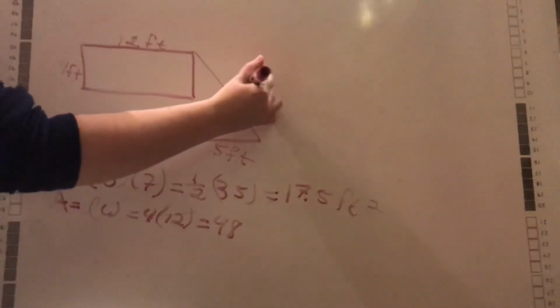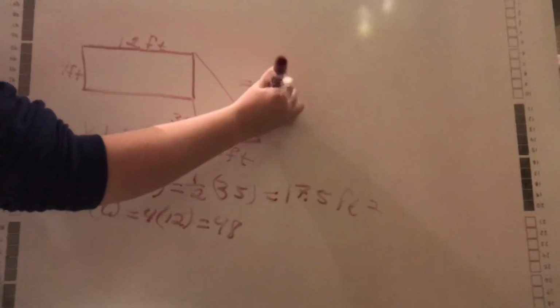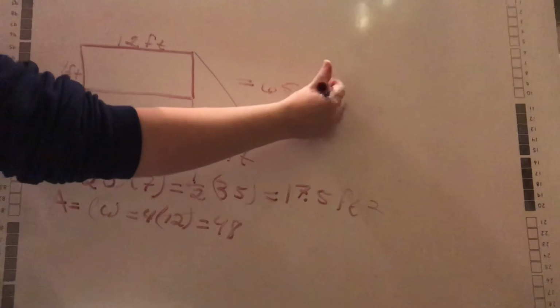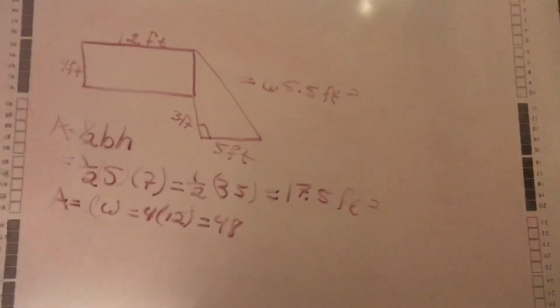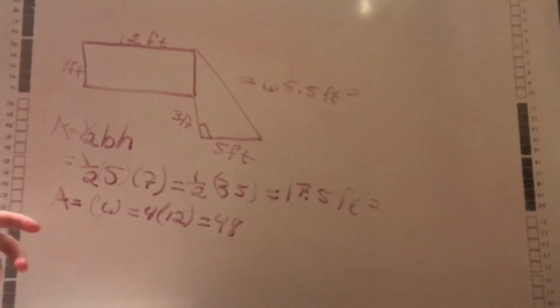And so the area of this weird little rectangle triangle figure is 48 plus 17.5. It's going to be 65.5 feet squared. So for most of these problems, what you're going to have to do is divide your figure out into shapes that are solvable, and then add those two areas together. Okay, so it's just going to be a lot more work.